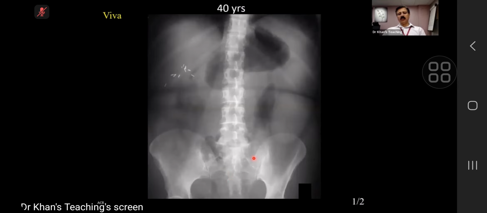Please remember that, protocol-wise, you have to look for any visceromegaly or things like that. And here, this is the spleen, and this spleen is enlarged. So this is the psoas, this is the psoas, and this is the kidney. Part of the kidney might be visible here, but this thing is the spleen.